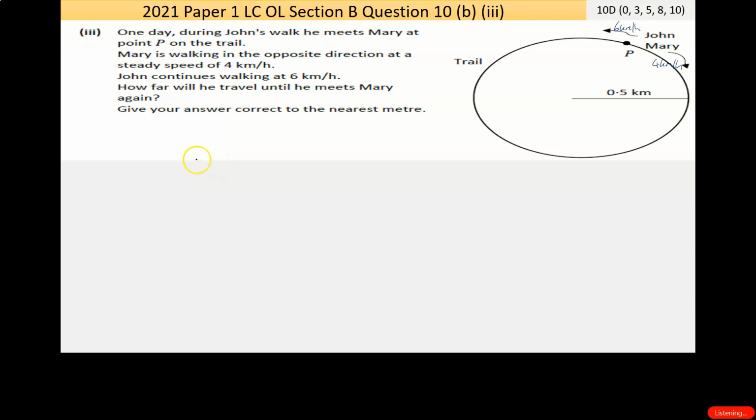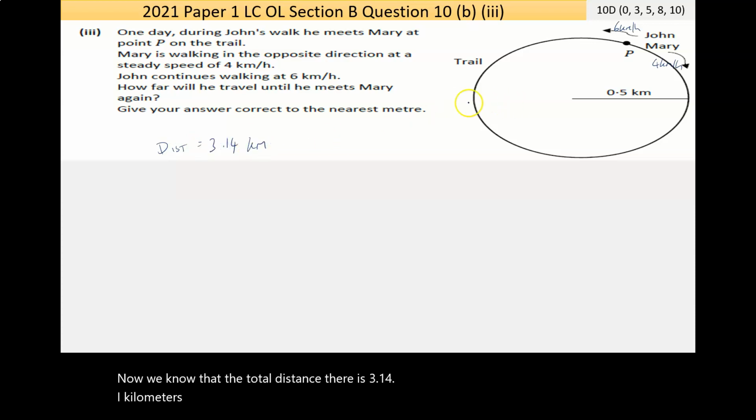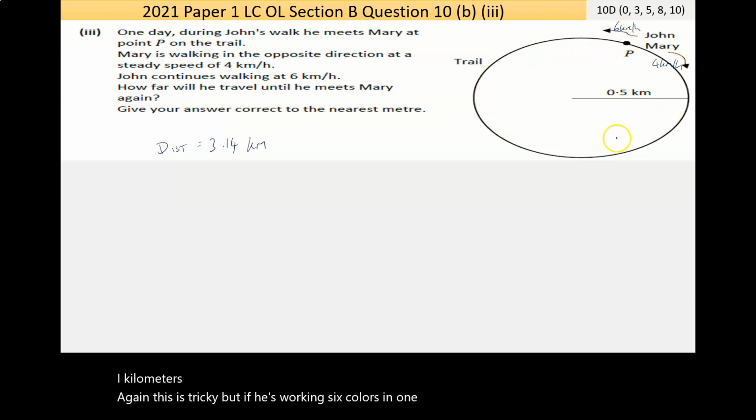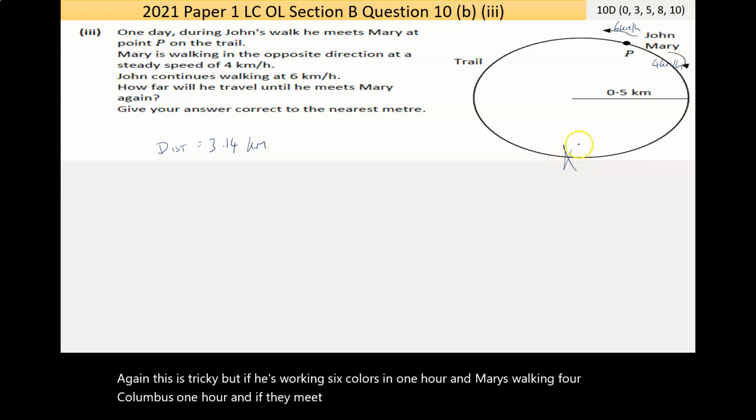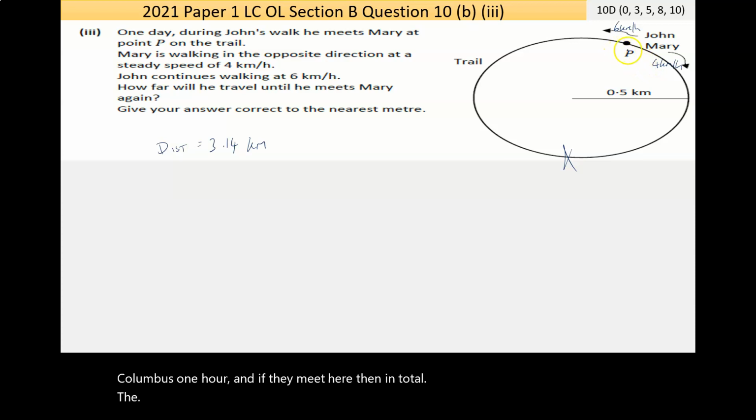Now we know that the total distance there is 3.14 kilometers. Again, this is tricky, but if he's walking 6 kilometers in 1 hour and Mary's walking 4 kilometers in 1 hour, and if they meet here, then the total speed is 6 plus 4.